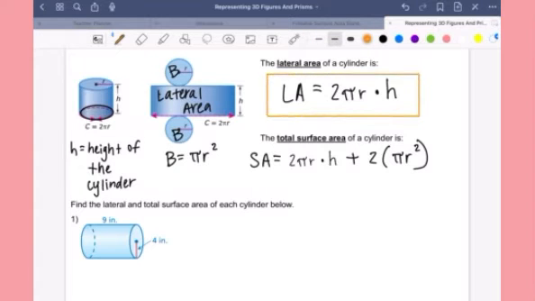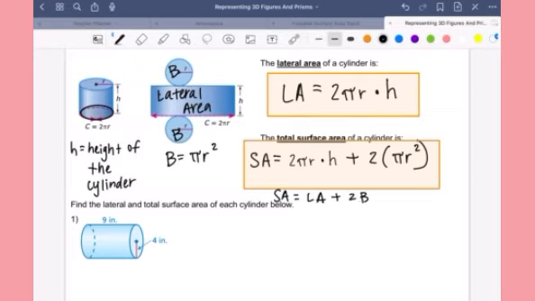So there's lateral area and then surface area. And you have your formulas, okay? Oops, that didn't connect. All right, so just remember surface area includes the lateral area, and then you add the two bases. So yesterday, it was this formula: your lateral area plus 2B.